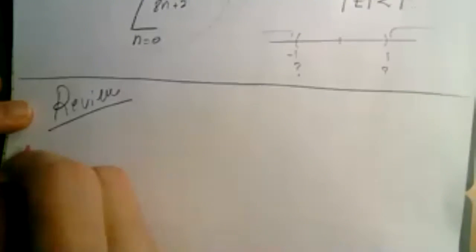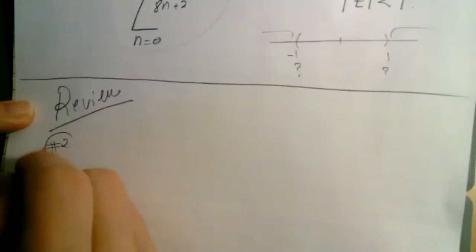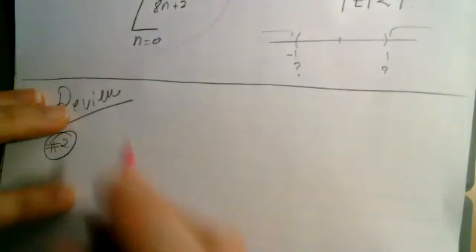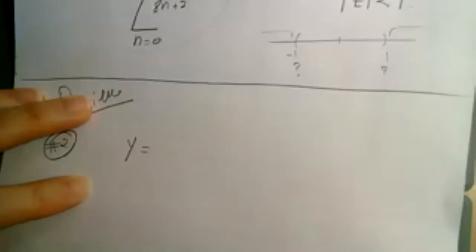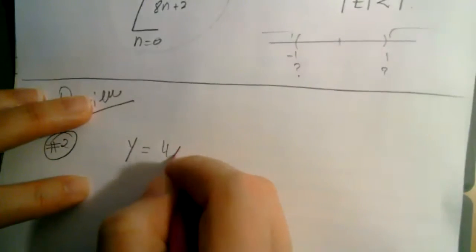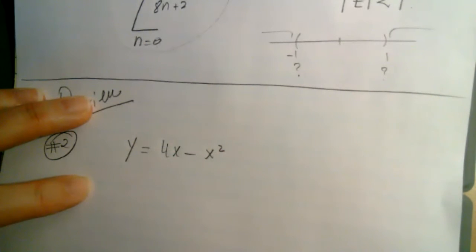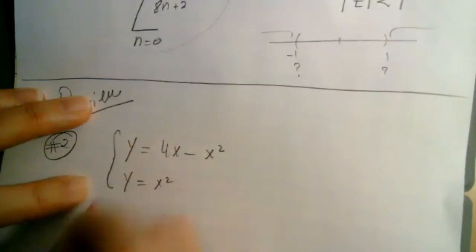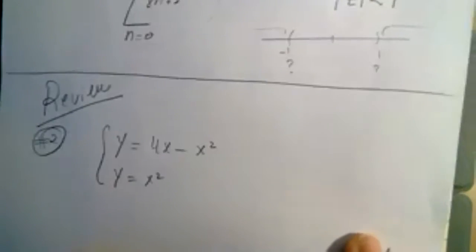Number 2: find the center of mass of the region bounded by two curves, y equals 4x minus x squared, and y equals x squared.